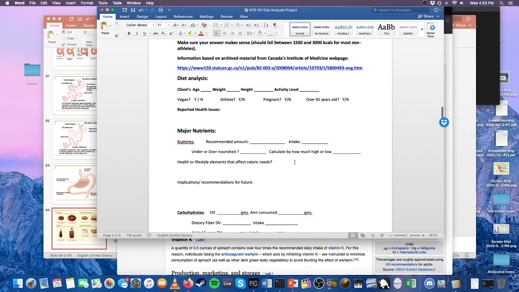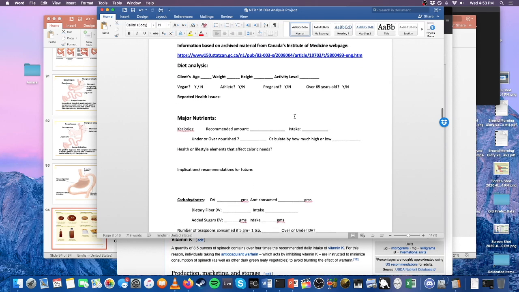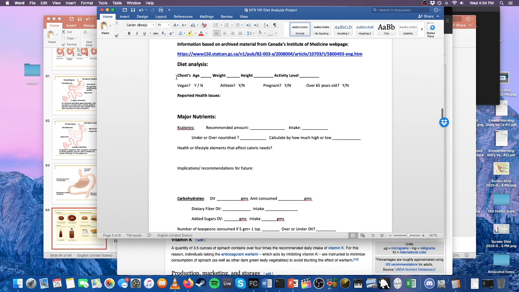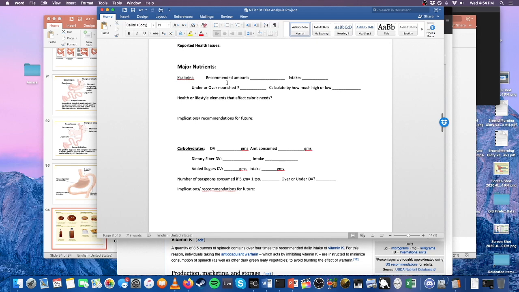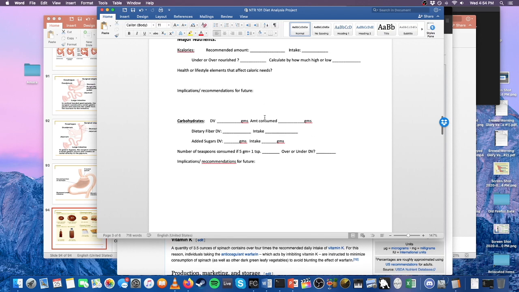But then the bulk of this project is going to be what I'm calling the diet analysis. So you will itemize all of the major nutrients, starting with calories consumed. You're going to indicate how much you should be getting, how much you did get, whether you're over or undernourished, and then discuss the health or lifestyle elements that will affect your caloric needs and the implications of your caloric consumption.